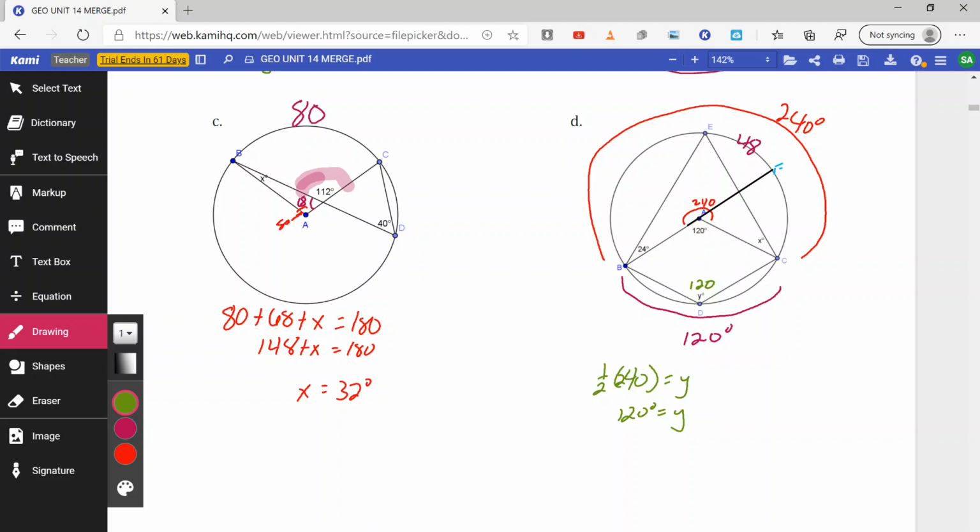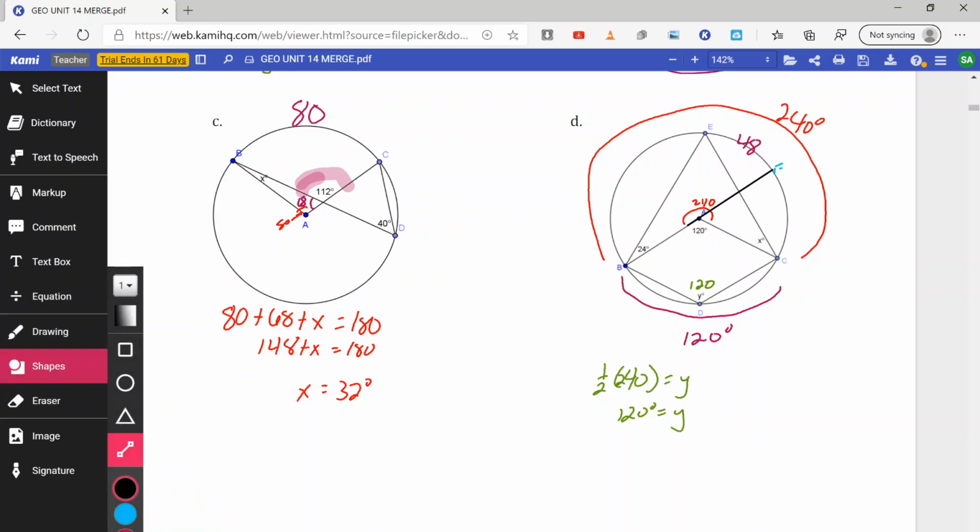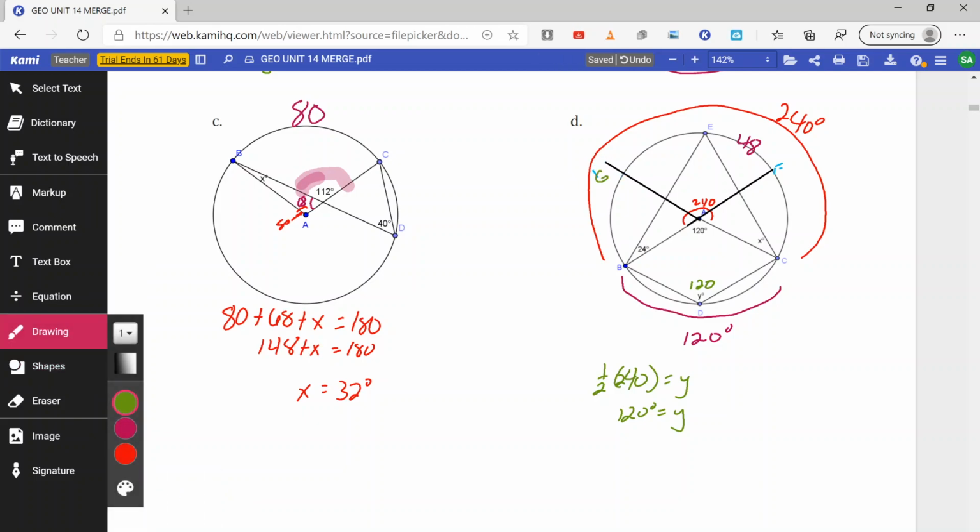So if we know that that's 48, we know that D to E is going to be double X. If we do the same thing where we extend the line off of X, we know arc GE is going to be double X.